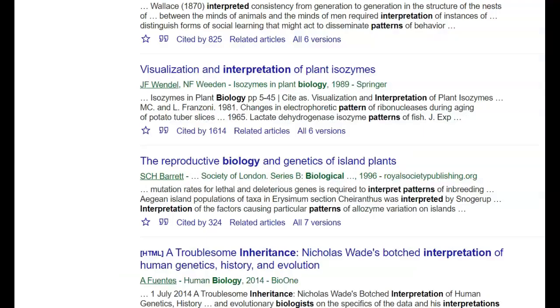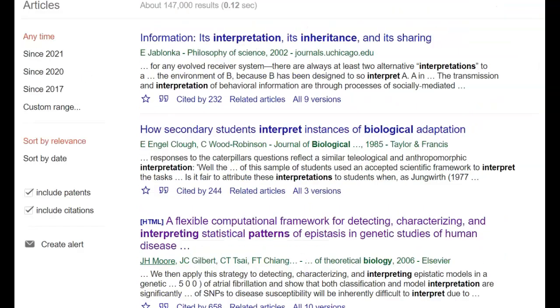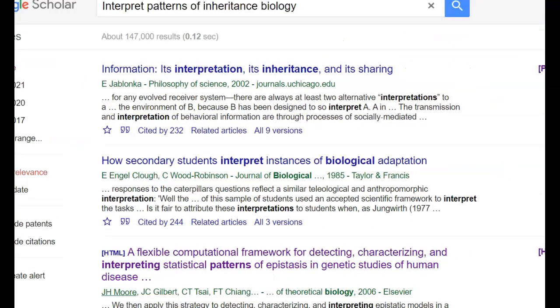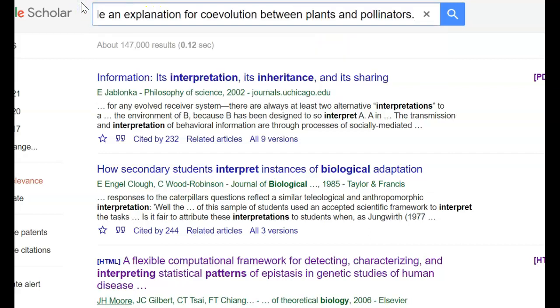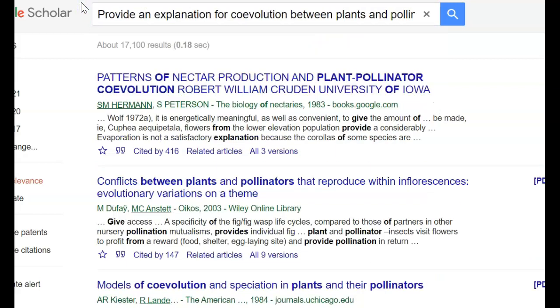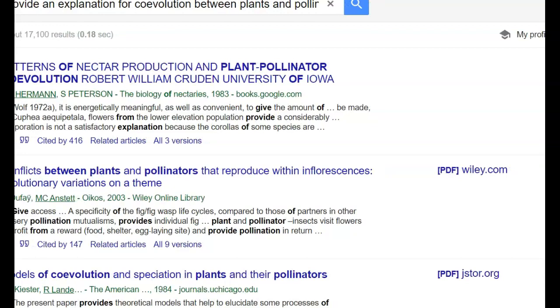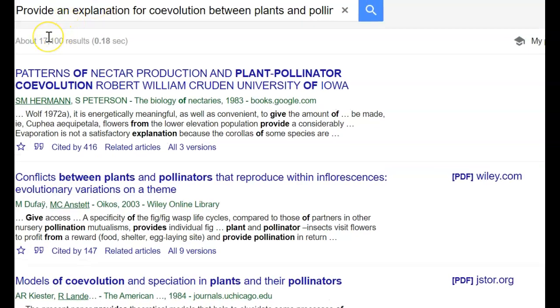I'm going to go back over to Google Scholar. And I'm going to put this right in here. Okay. And so we are off again, right? We have literally 17,000 results, and you only need 5 papers.